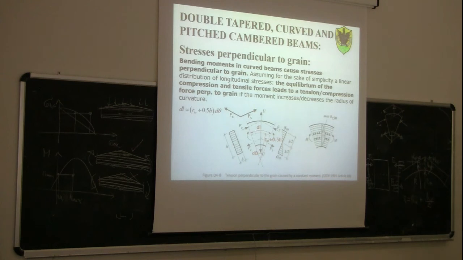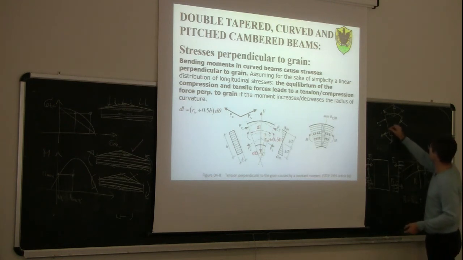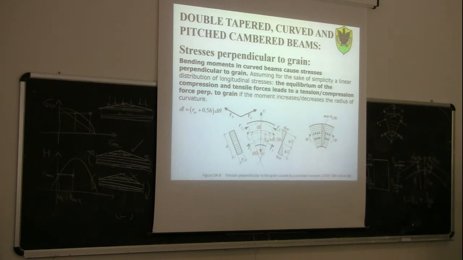Those two resultants are clearly subjecting this piece of beam to tension. So this tension is actually tension perpendicular to the plane. So it's a very dangerous case of stress distribution for the beam.